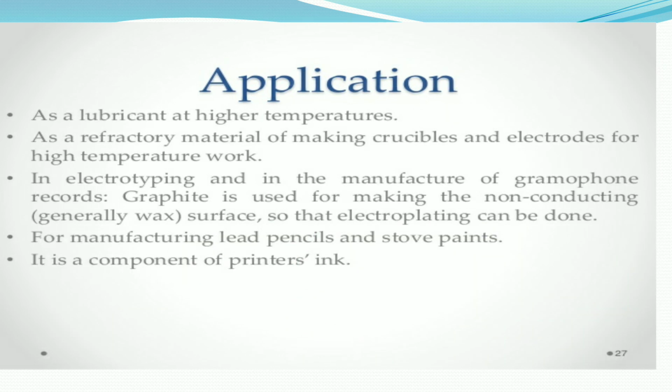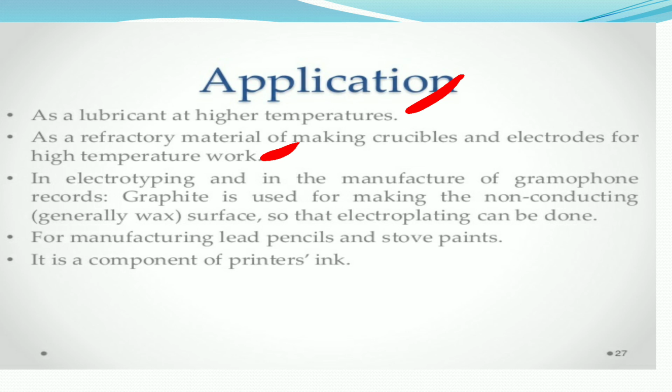Okay, the next application is that it is used as a lubricant at high temperature, as a refractory material for making crucibles, and as electrodes for high temperature work. Mostly it is useful for making crucibles.